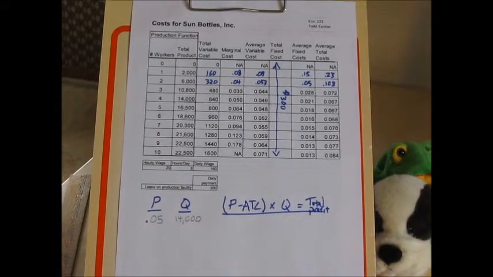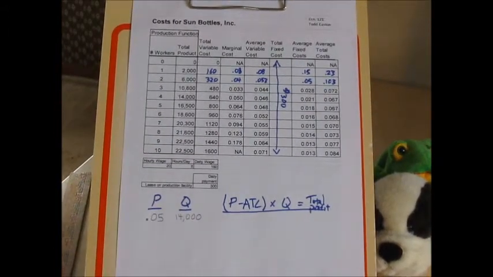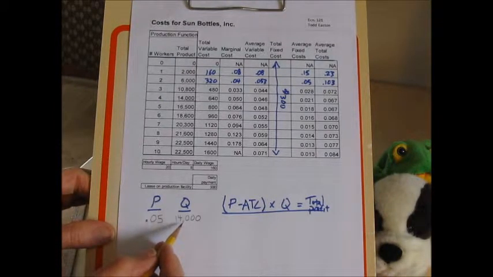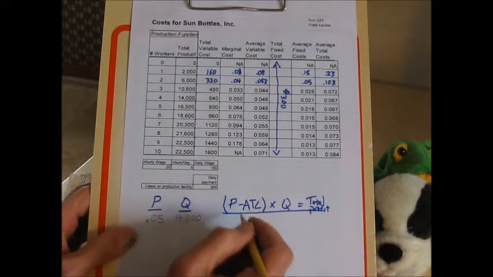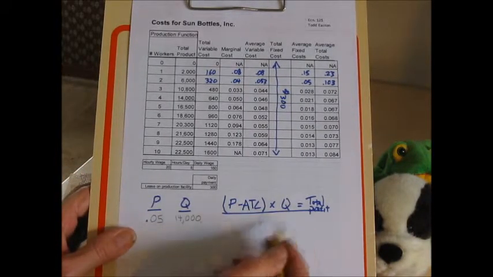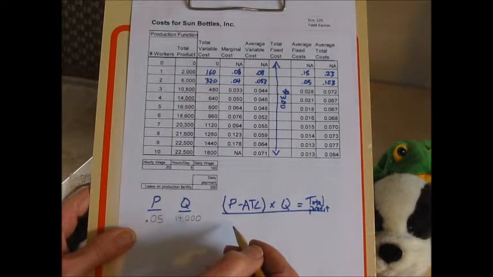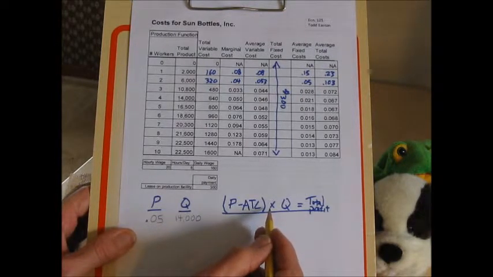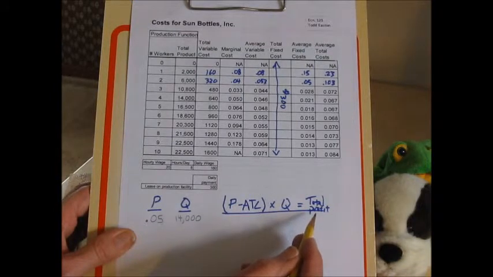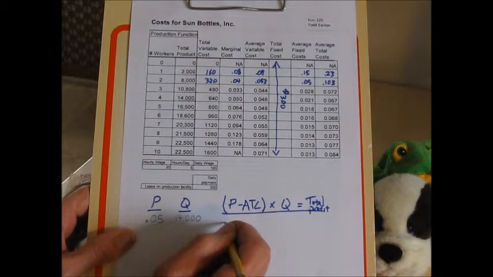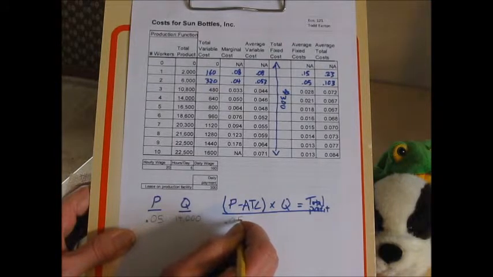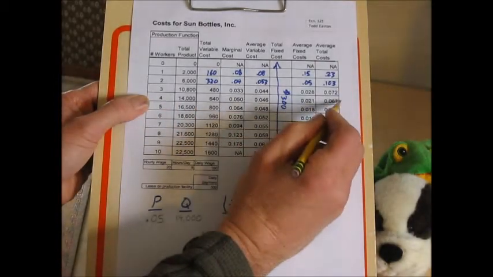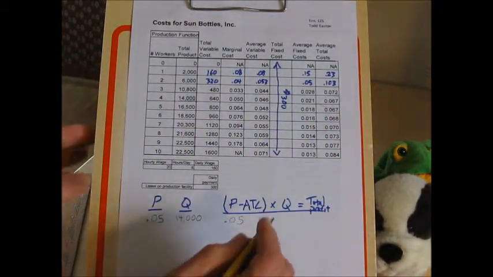So here we're back with the tabular cost data, and we're going to think about the price of 5 cents and producing 14,000 and see how this company's doing. And to do that, we're going to use the shorthand formula we developed in the first part of the lecture. Price less average total cost, which gives us profit per unit, multiplied by quantity gives us total profit. So 0.05 is our price, and if we come up here we can see that average total cost is 0.067.